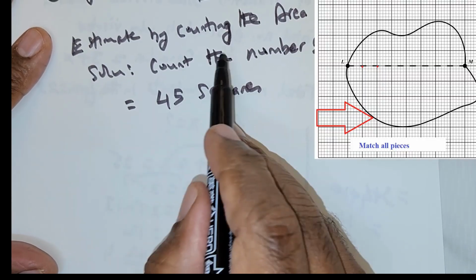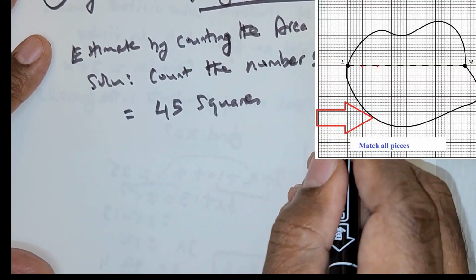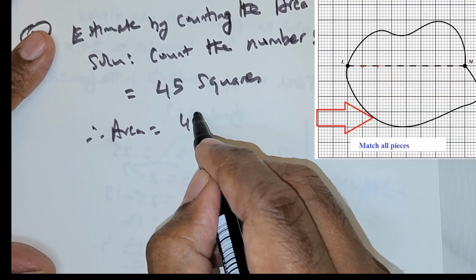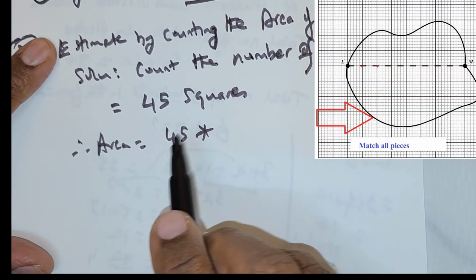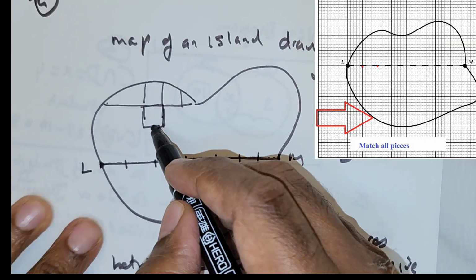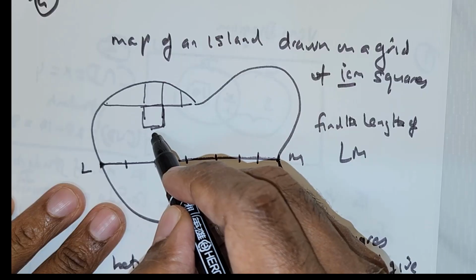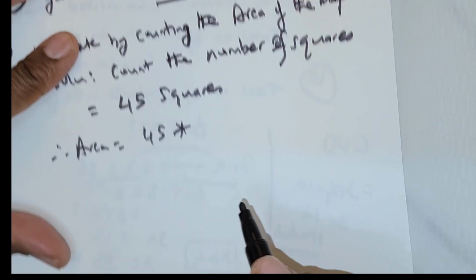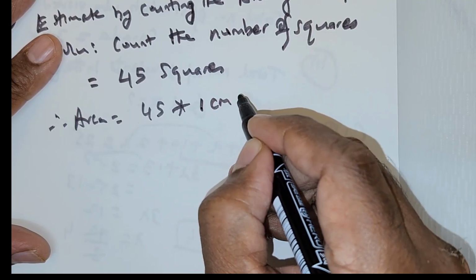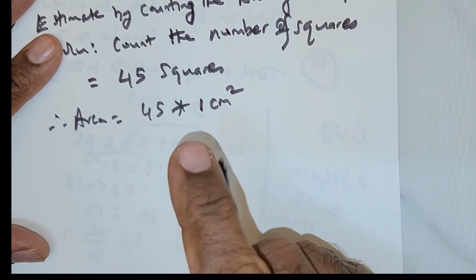Now you are asked to get the area. Estimate by counting the area of the map. So therefore the area is equal to 45 times, each square is 1 cm. That means you have 1 cm length and 1 cm in width. So you will have to multiply it by 1 cm square unit.